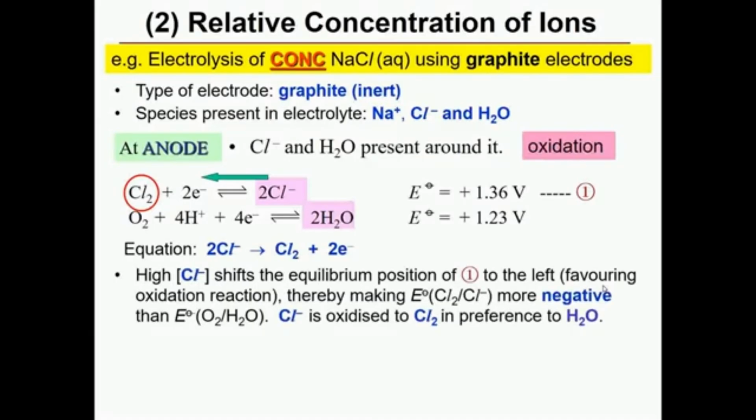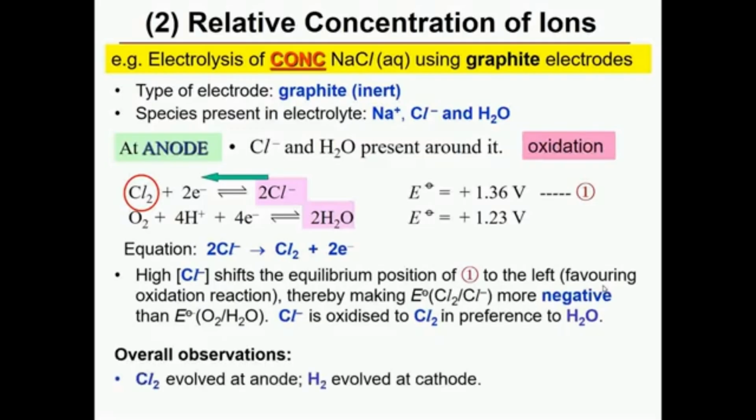Hence, at the anode, chloride will be discharged in preference to water. So the overall observation will be chlorine liberated at the anode and hydrogen gas liberated at the cathode.